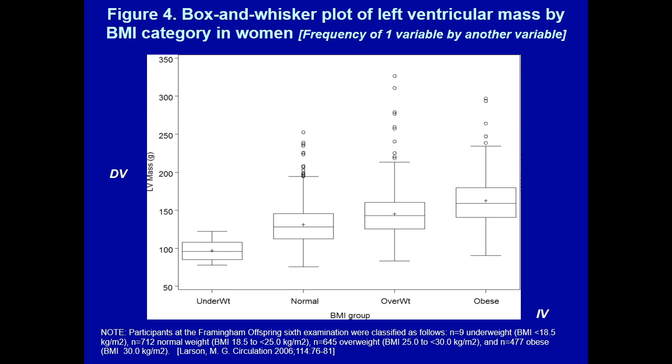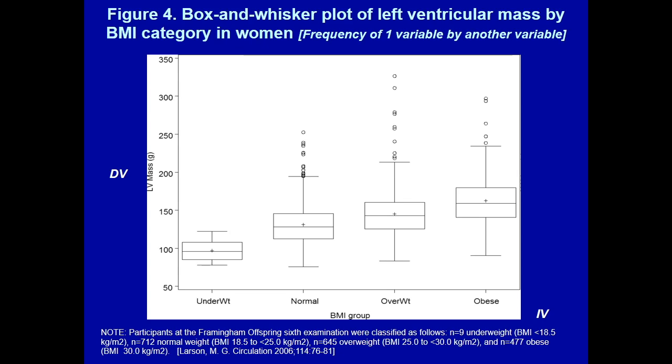So that means their Q1 and Q3 scores are similar, but the median values have gone up significantly from the underweight category. The underweight's median value was just under 100. The normal weight is about 130, 140. The overweight is 150, and the obese is probably closer to about 165.